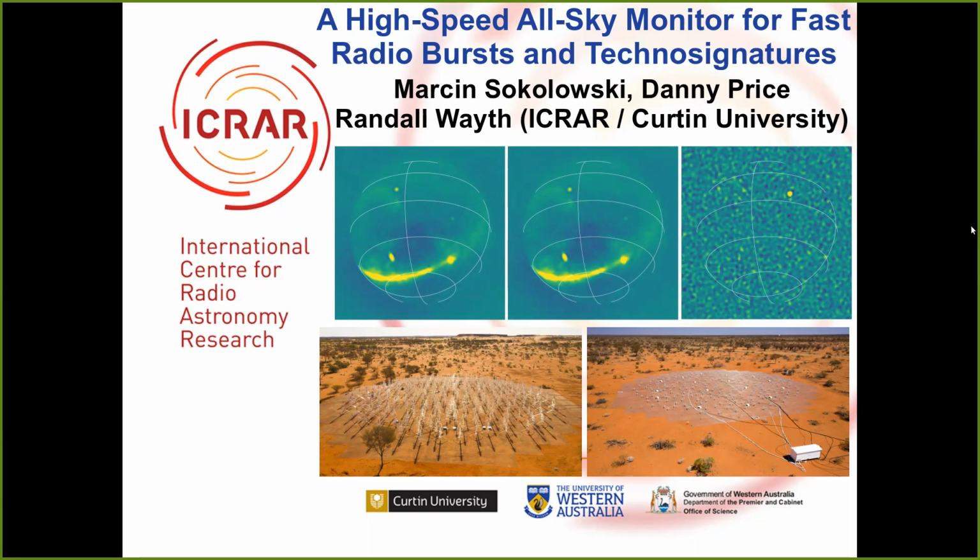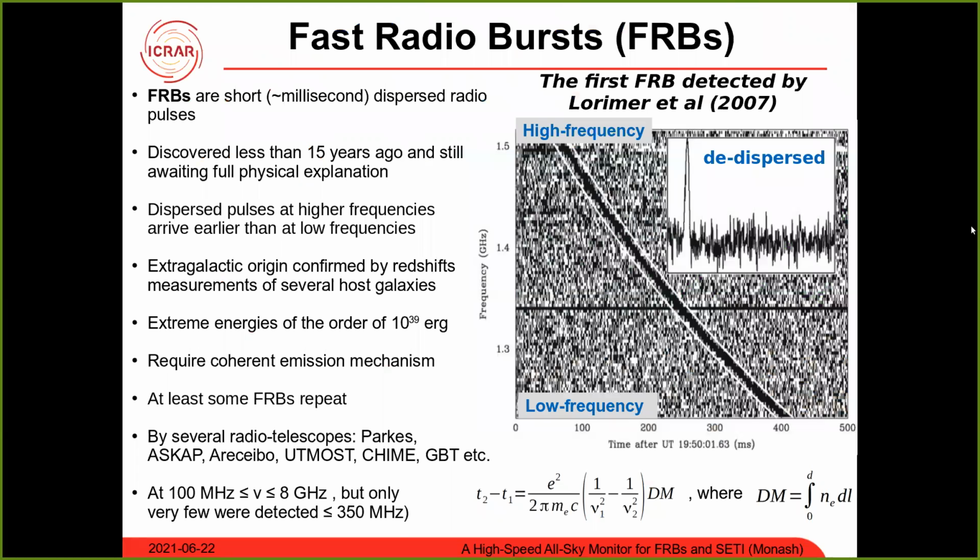I will start with a bit of an introduction to what fast radio bursts, or FRBs, are. As many of you know, they are millisecond radio pulses, and the first fast radio burst was discovered in 2007 by Lorimer in the archive data from the Parkes telescope.